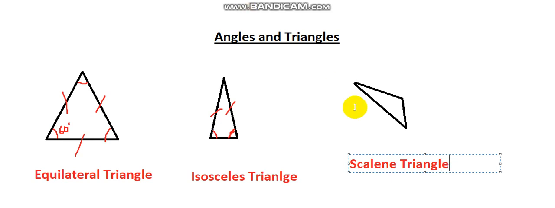And the property of this triangle is that it has no sides equal. What we can't say about its angles, they can be acute or obtuse. We can't really say about its angles. But what we do know about a scalene triangle is that it has no sides equal.